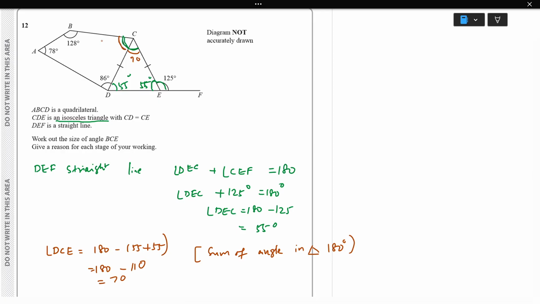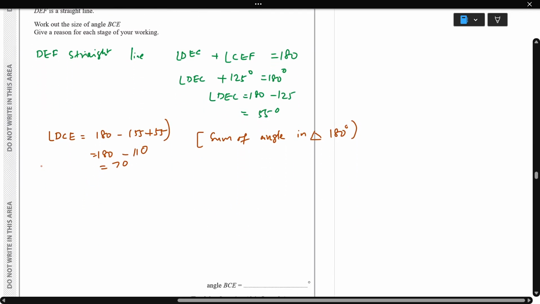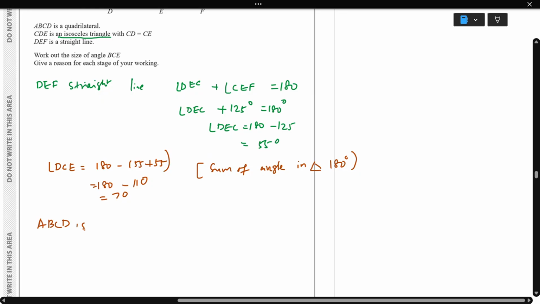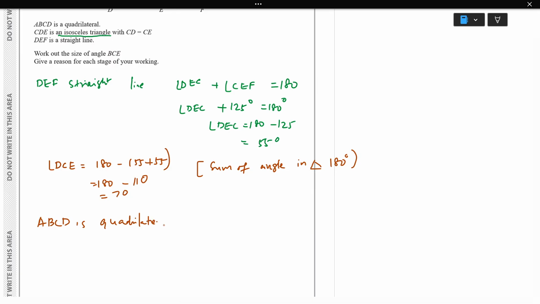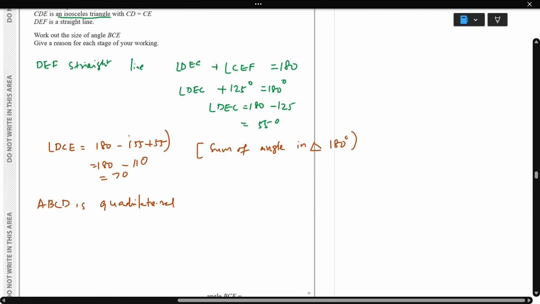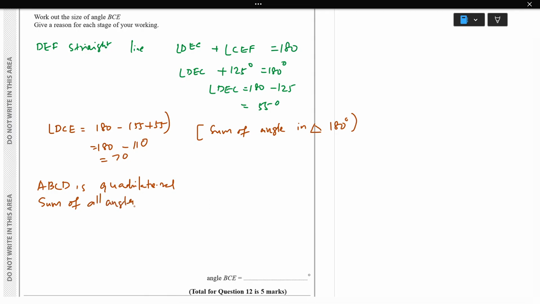That is our work. Next one, ABCD is a quadrilateral. So when we add up all the angles, we'll write: the sum of all angles is 360 degrees.